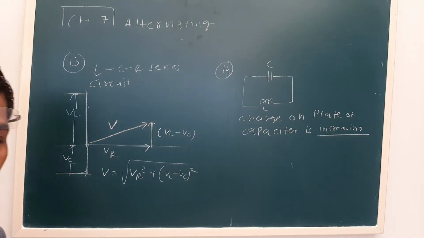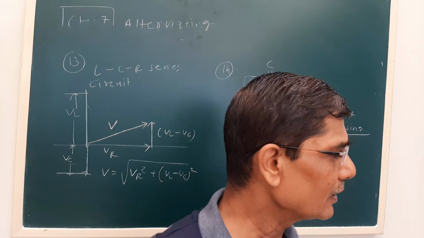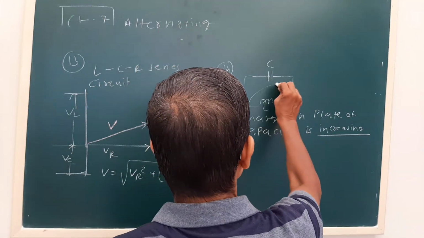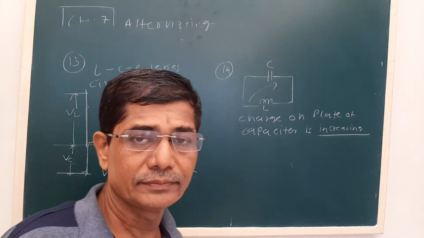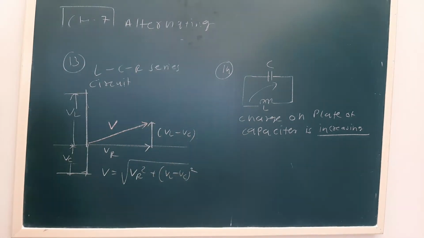Now we have discussed about the LC oscillation, but here the question says that the charge on the plate of the capacitor is increasing. So in that case, how do we get the energy? See, the energy will be in which form? Okay, that will be our question. Okay, so here the energy is stored in which form? That is our question.